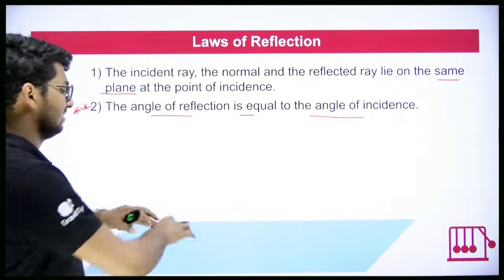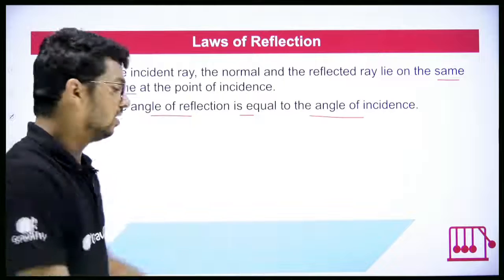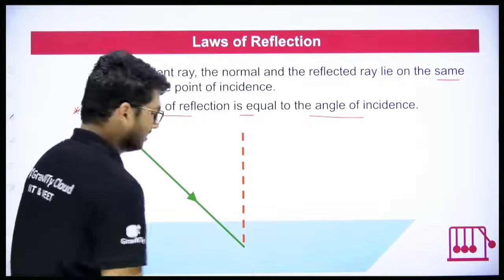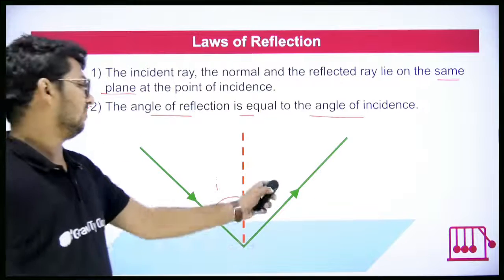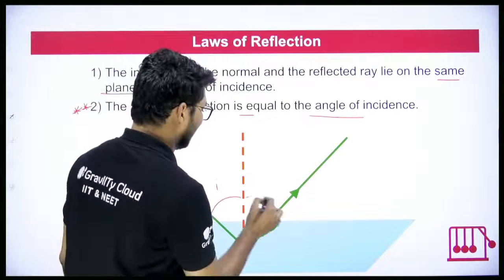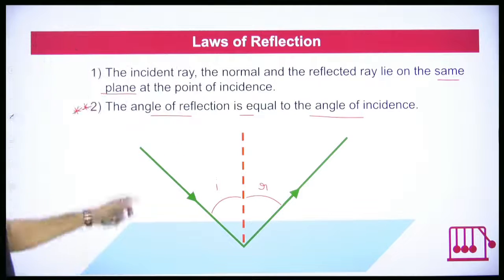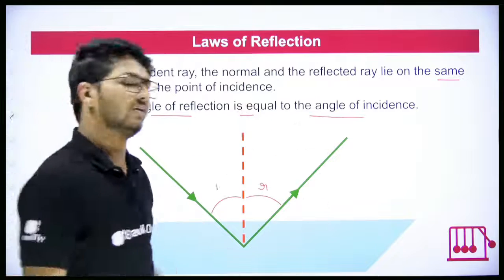Look at this. Let's say this is a table. It's a surface. So imagine a table. On that table, light is incident. That is the incident ray. This is the normal. So this angle is angle of incidence. That is a reflected ray. So this angle is what? Angle of reflection. If I look at this, what is given? Angle of reflection is equal to angle of incidence.